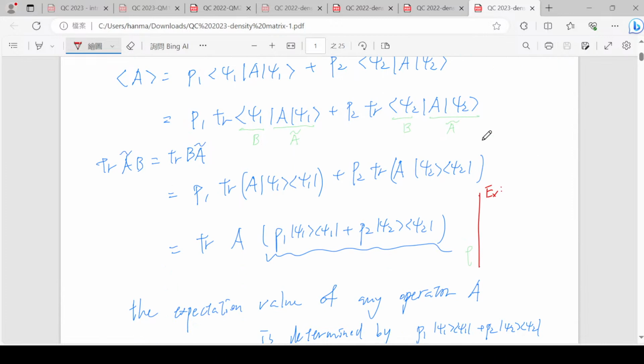Let me give an example. How do the matrix and the vector correspond? Remember, the 0 vector we think of as the vector (1, 0).